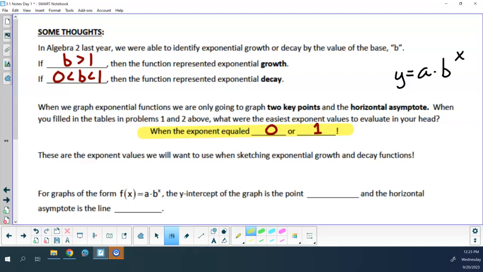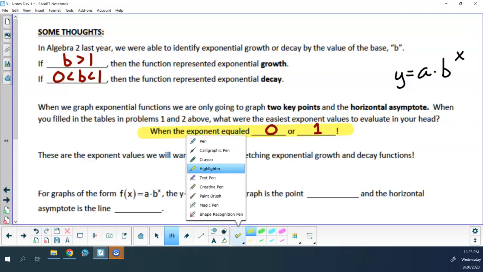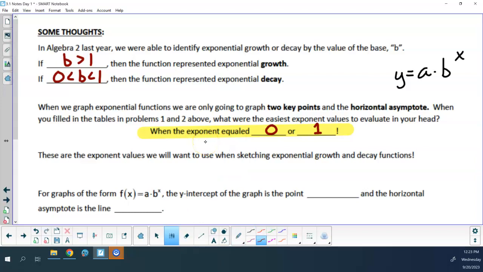If we have graphs of this form, the y-intercept is the point 0, comma a, and the horizontal asymptote is the line y equals 0. Because if we plug in 0, b to the 0 power is 1 times a is a, so that would be 0 comma a.